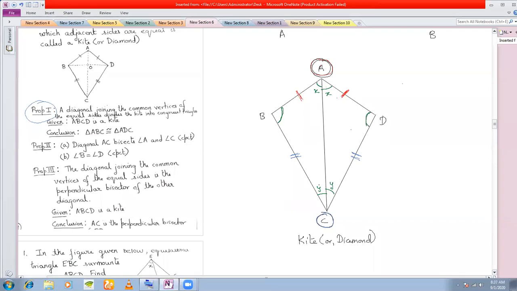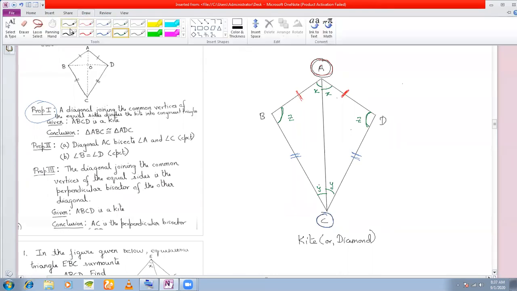That is, this angle is Z, and this angle also must be Z. You can remember it this way also: the longer diagonal bisects the interior angles, although it looks longer. This was our second property.